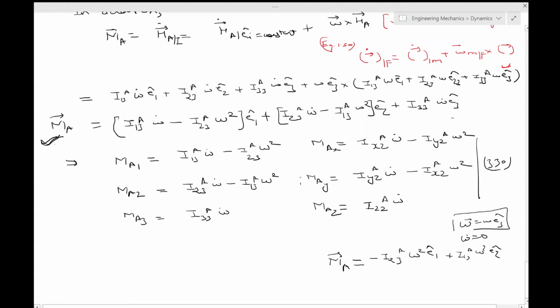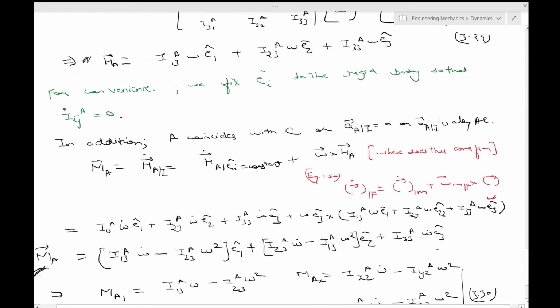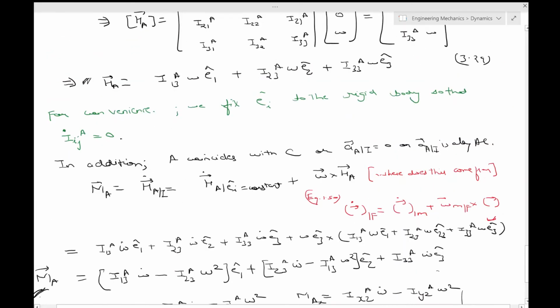So this value is actually a constant. Okay, so a constant moment MA with respect to the body and a variable moment MA with respect to the inertial frame. E1, E2, as you know, are actually fixed to the frame. We say somewhere that we can fix Ei to the rigid body.